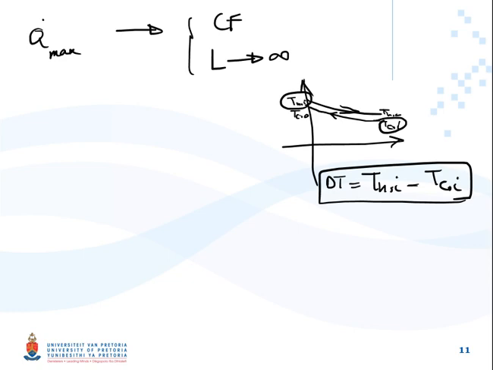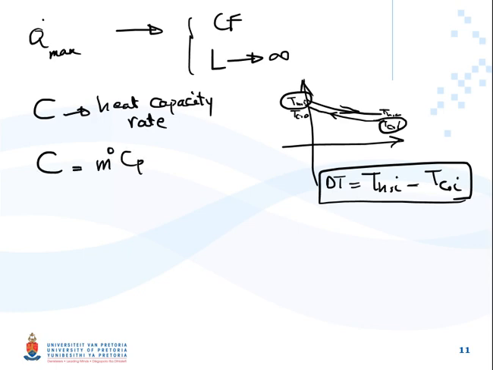But to understand the situation a little bit better, let's just make an assumption. Okay, if you remember, we called something capital C, and we said that it's a heat capacity rate, and capital C is equal to m dot Cp. If we define the heat capacity rate for both hot fluid and cold fluid, we will have something like that.